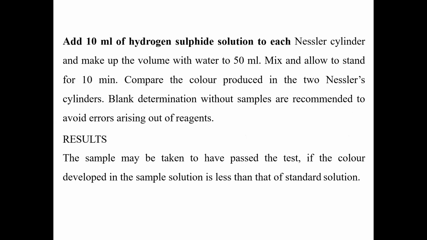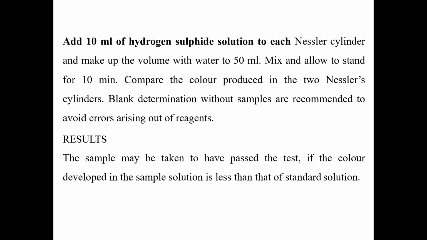Then add the hydrogen sulfide solution to each Nessler cylinder and make up the volume with water, because the Nessler cylinder mark will be 50 ml. Mix and allow to stand for 10 minutes. Compare the color produced in the 2 Nessler cylinders. A blank determination without sample is recommended to avoid errors arising out of reagents.